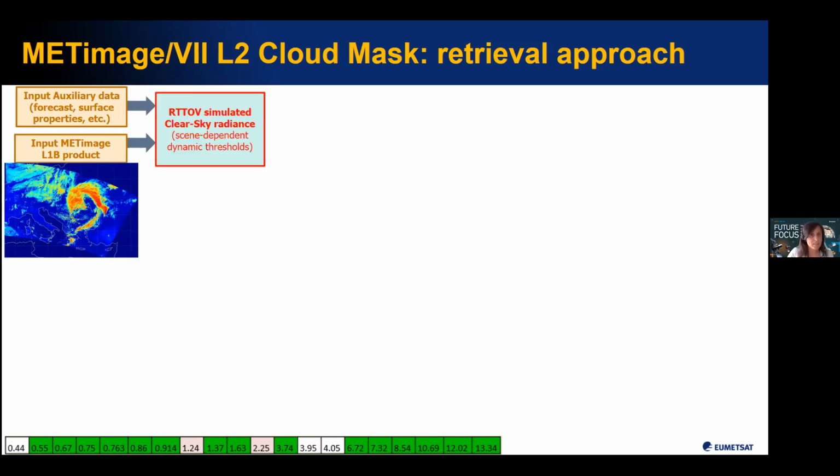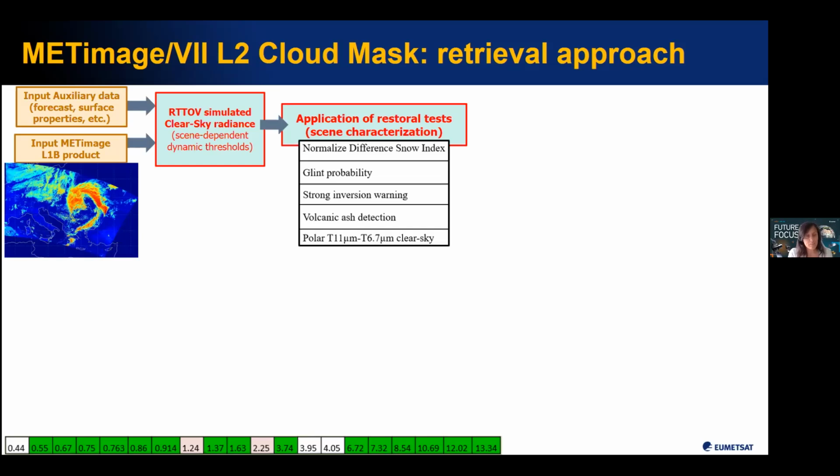Starting from this auxiliary information, the first step of the algorithm is basically the simulation of clear sky radiance depending on the given scene. These simulations are done using RTTOV, and this simulated radiance represents the threshold over which the atmosphere is probably contaminated by clouds.